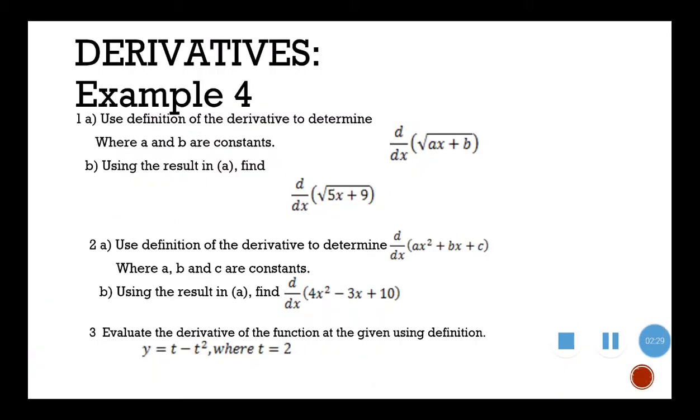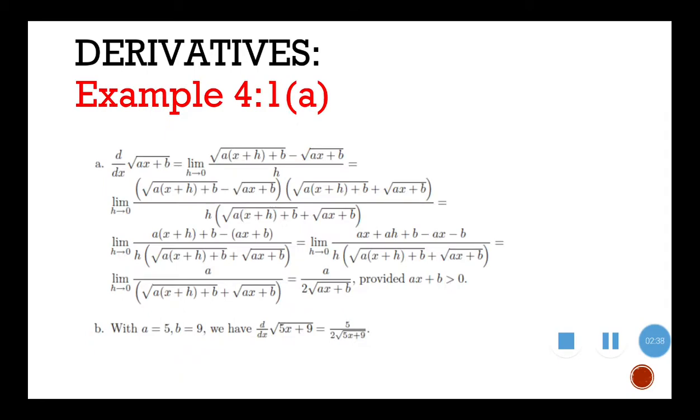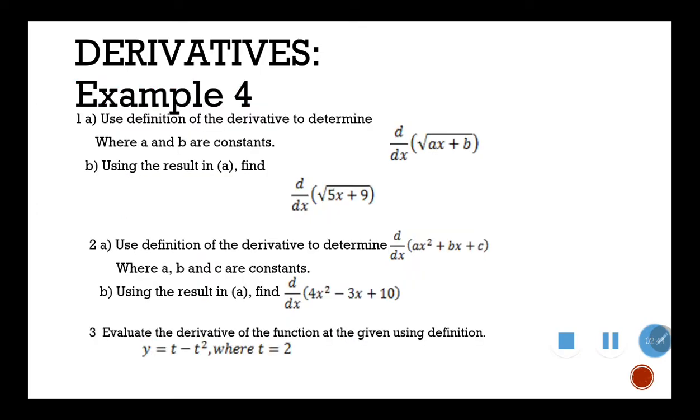Now let's look at example 1. There is a solution here, but I will try to explain it to you. So a here is 5 and b is 9.